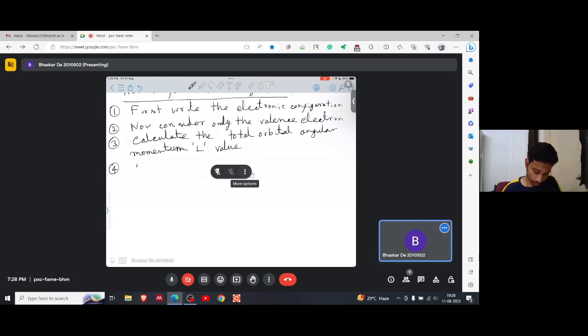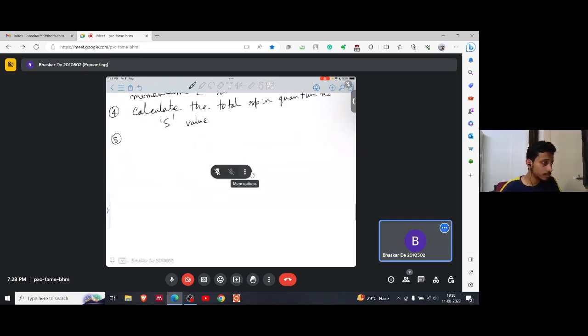4. Calculate the total spin quantum number, that is the S value. 5.